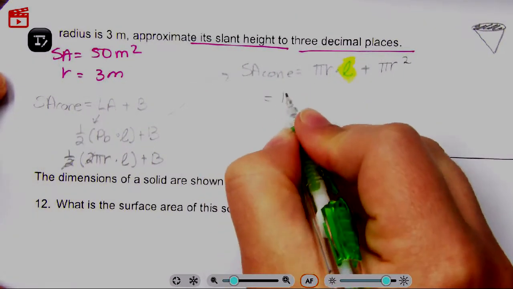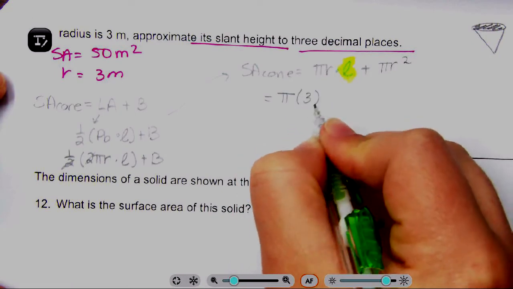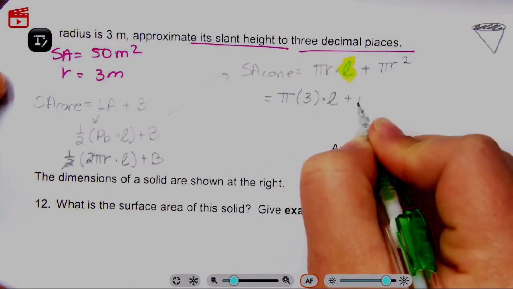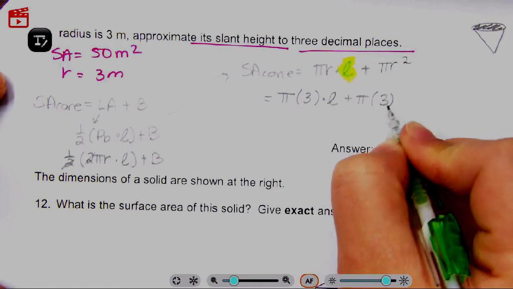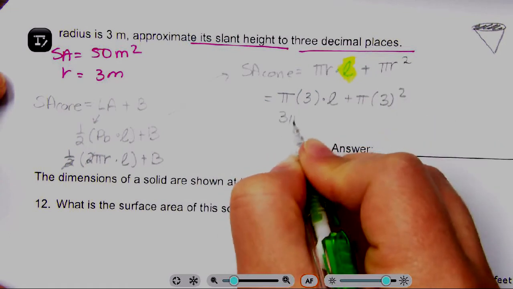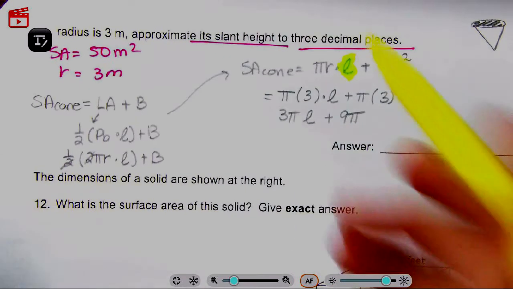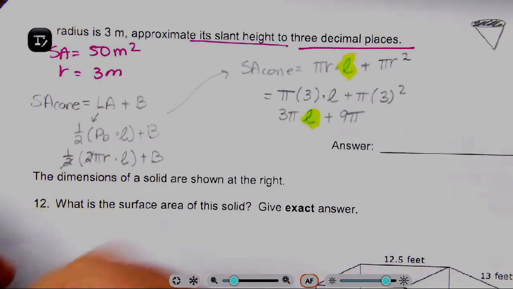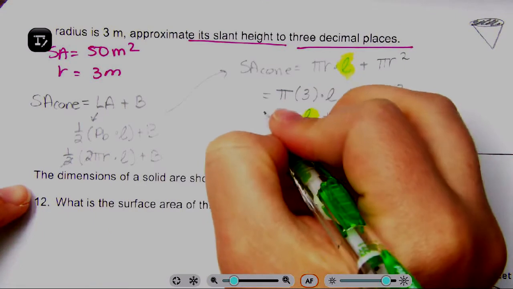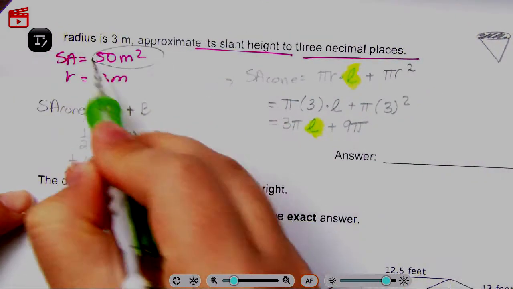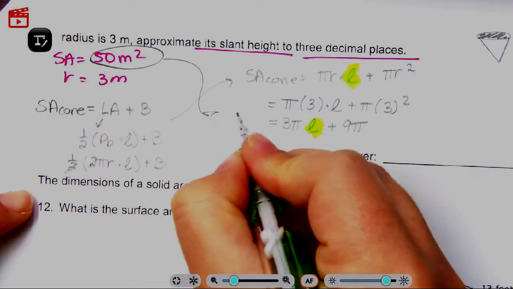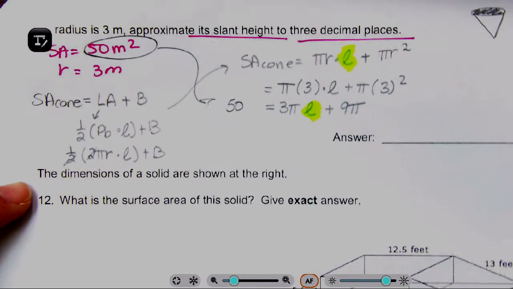So I have pi, radius is 3, times my slant height plus pi times 3 squared. So I have 3 pi times my slant height plus 9 pi. Okay, this is all equal to the surface area, which is 50 meters squared.